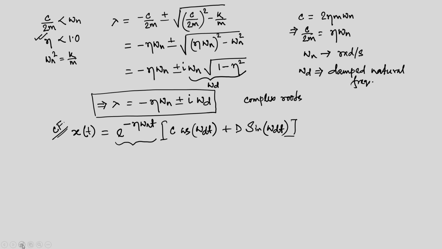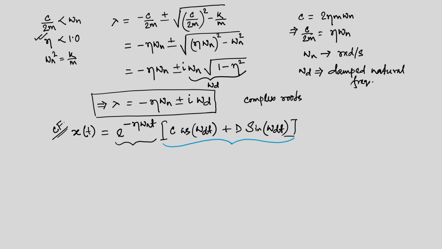But the most interesting part is the third bracketed term. Here we have sinusoids, cos omega d t and sin omega d t, and because of these sinusoids, we will have solutions which are oscillating in nature.